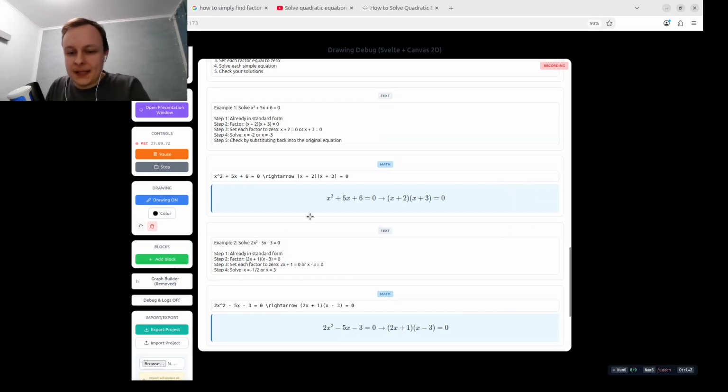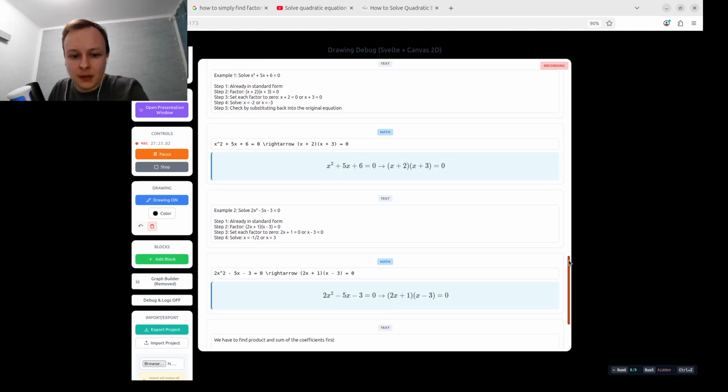I didn't mention something before, so let me fix myself a bit. If you want to find coefficients to factor properly, first of all we have to find the product and the sum of the coefficients here.